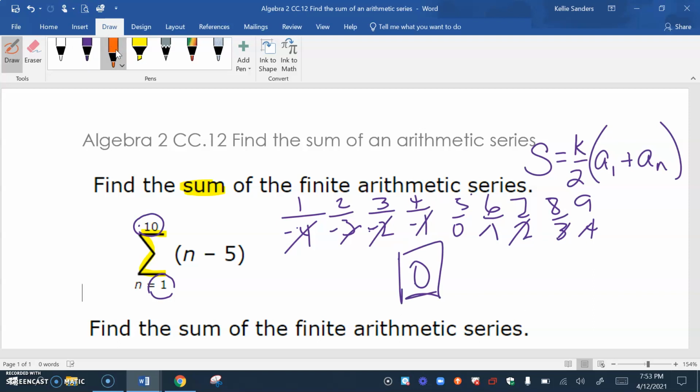But the easy way is to use this formula. S stands for sum. K is the number of terms. No. K is the number on top. And a sub 1 is what you get for your first term.